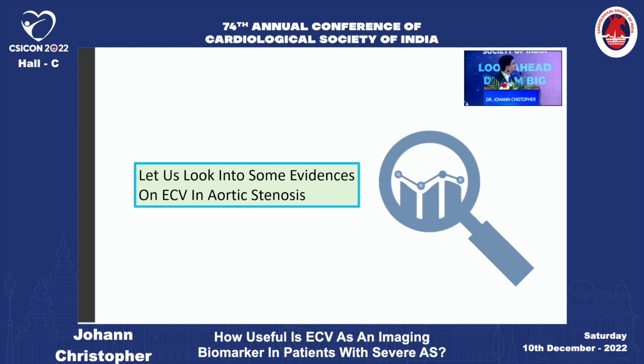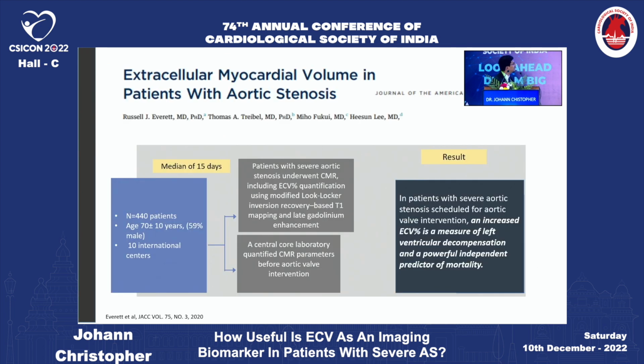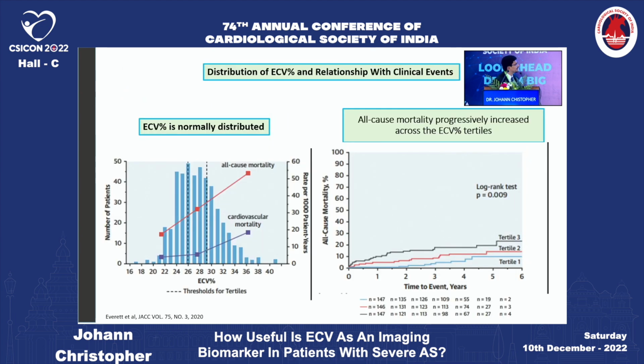Now, since this is a new concept, let us look into some of the evidences that are available with ECV and aortic stenosis. And this is generally all from the MR data, where they have looked at patients who were going in, who had severe aortic stenosis to start with, and they had an MRI before and after the aortic valve replacement.